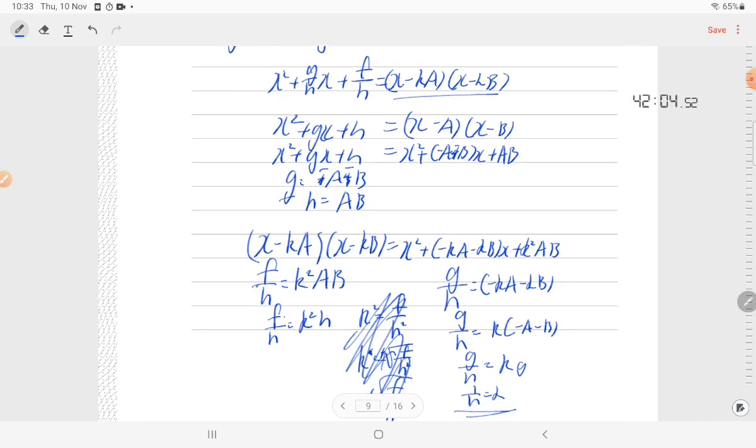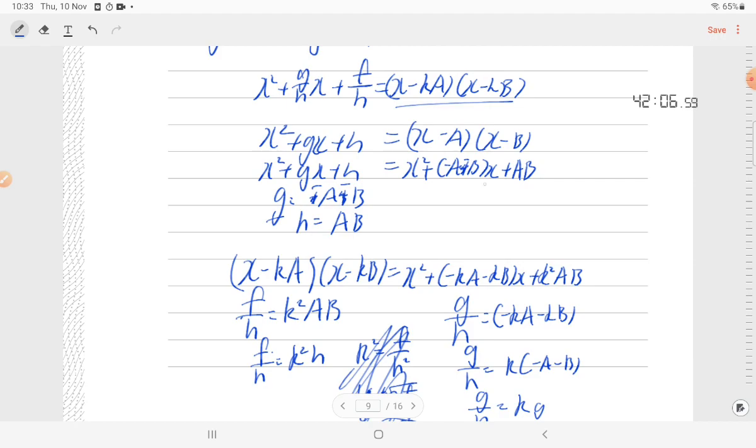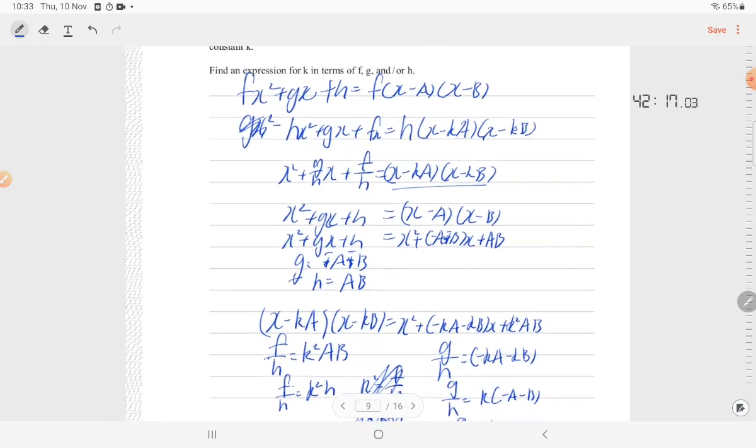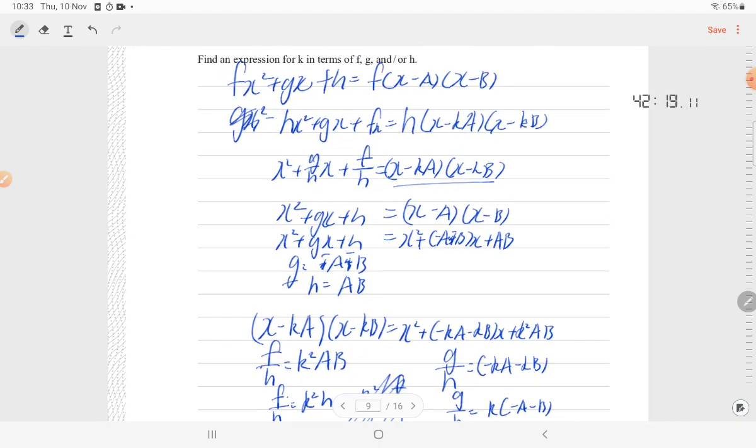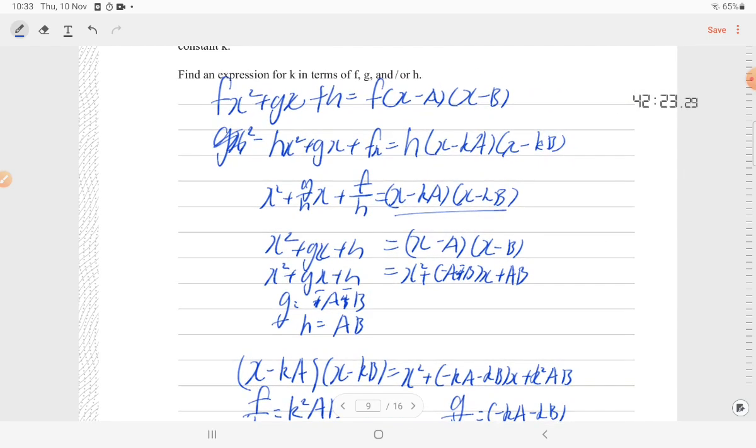Since f over h is equal to k squared ab, then k squared... because we can't assume that f is equal to 1, I don't think.